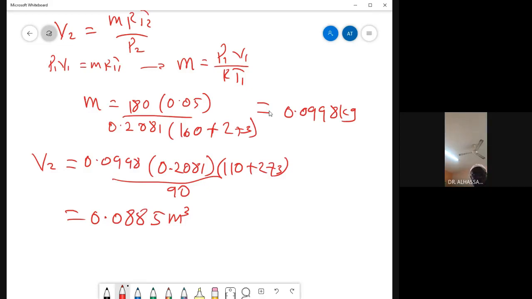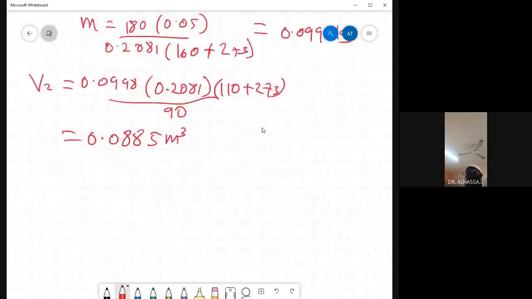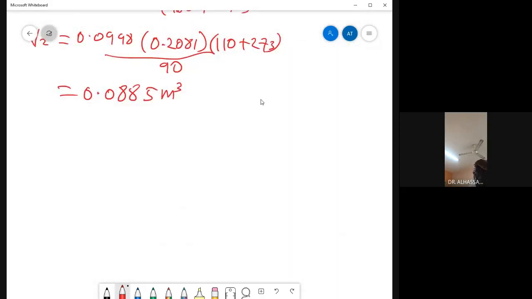Now we need to determine the value for n. How do we determine the value for n? Using P2 V2 to the power n equals P1 V1 to the power n.